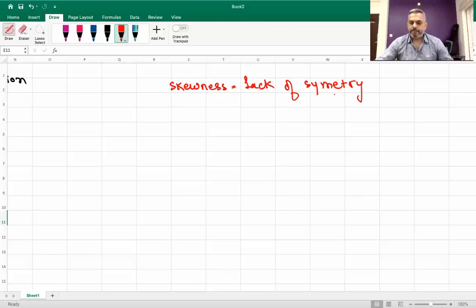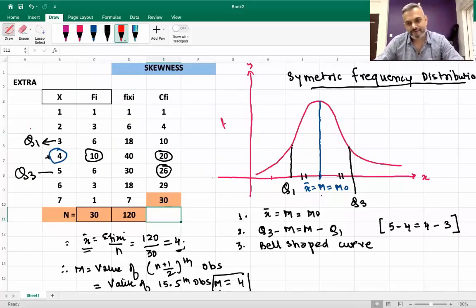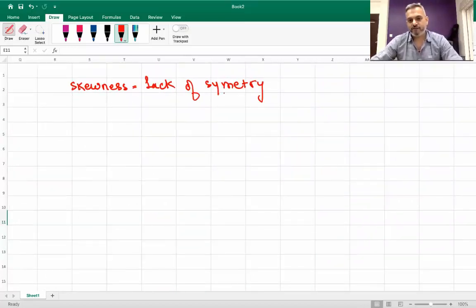Lack of symmetry means that if mean is not equal to median, which is not equal to mode, or Q3 minus M is not equal to M minus Q1, or it is not a bell-shaped curve, we say that frequency distribution, that is, a distribution like this with Xi and Fi classes, is known as a skewed frequency distribution.